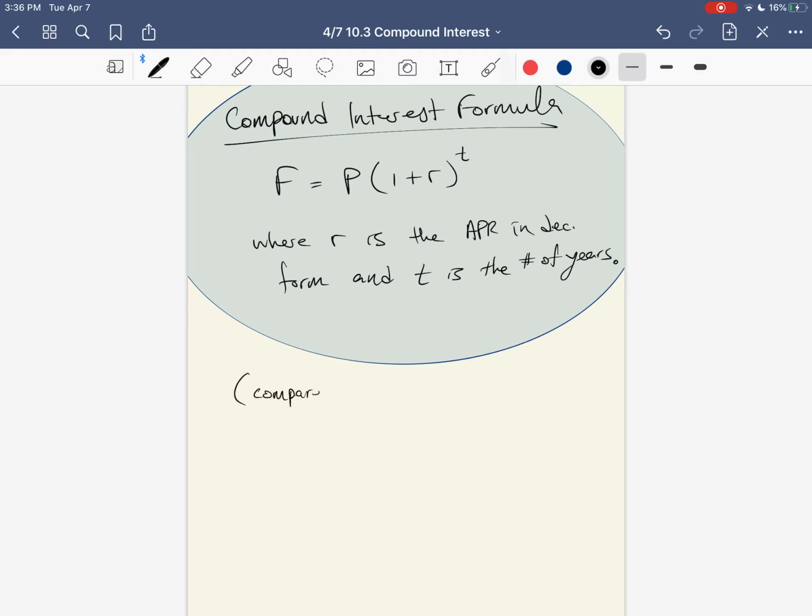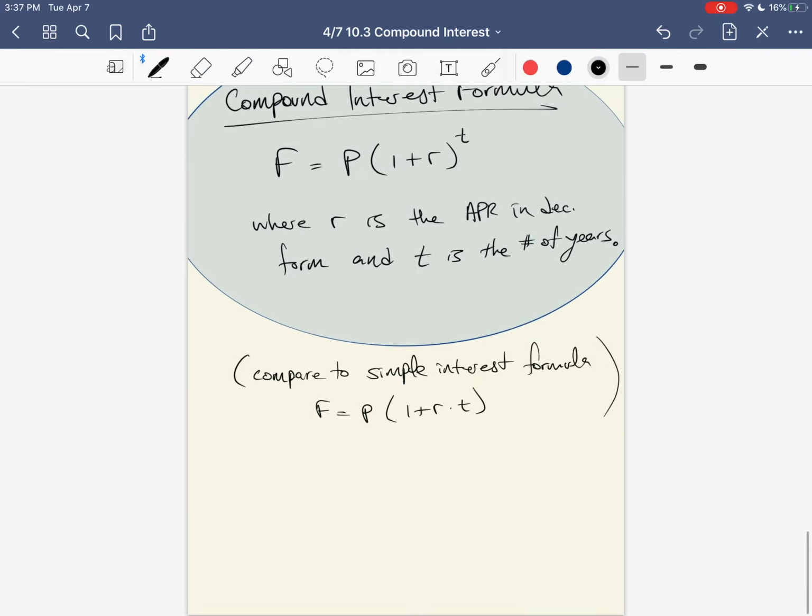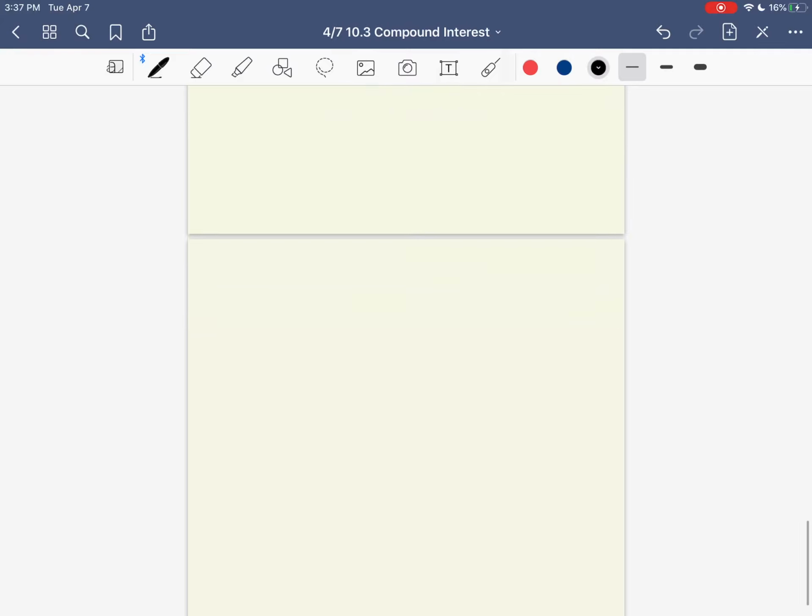Compare to the simple interest formula F equals P times 1 plus R times T. Good. So what's a real life example? So here's a real life example. Certificates of deposit.